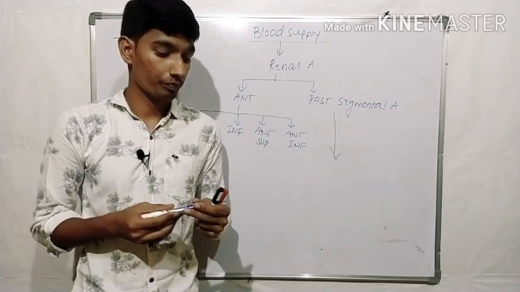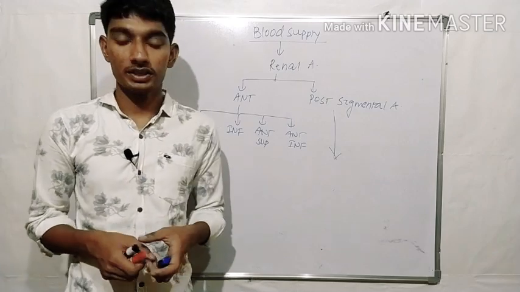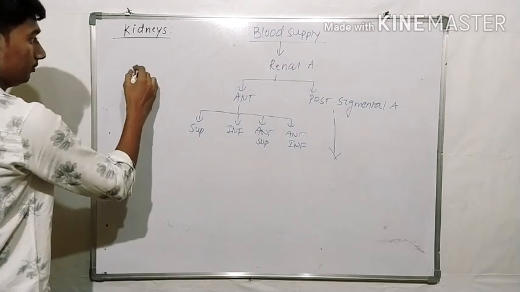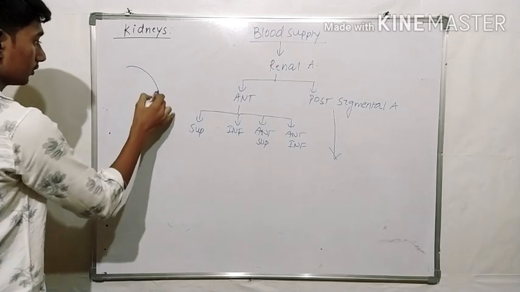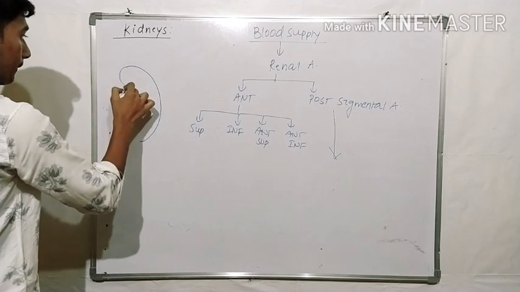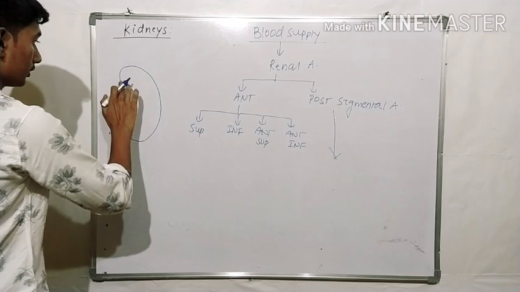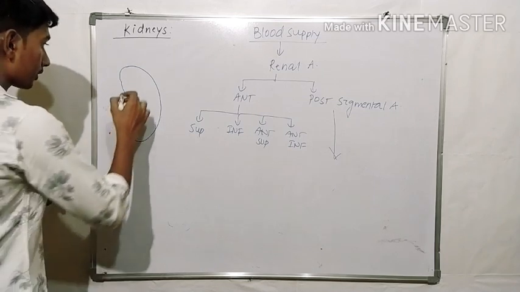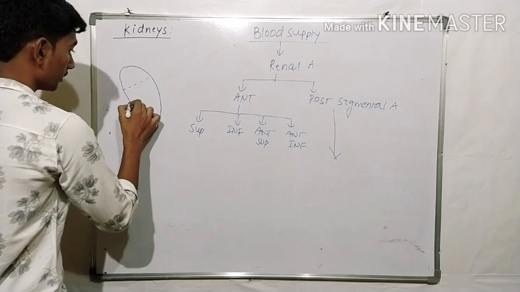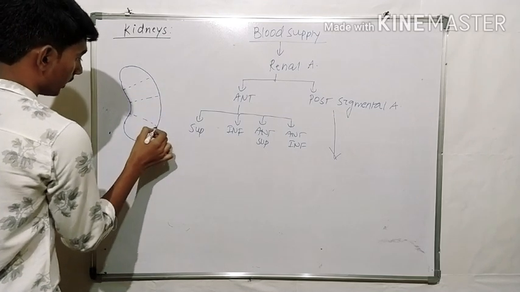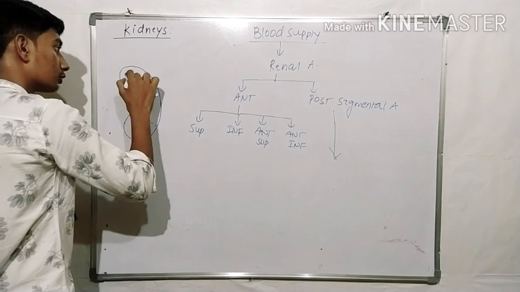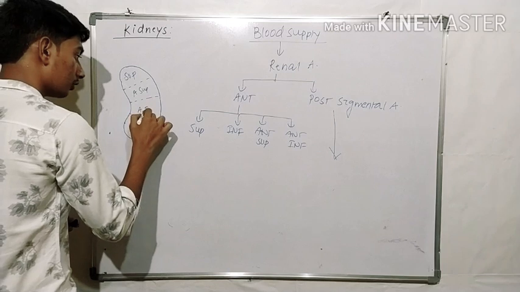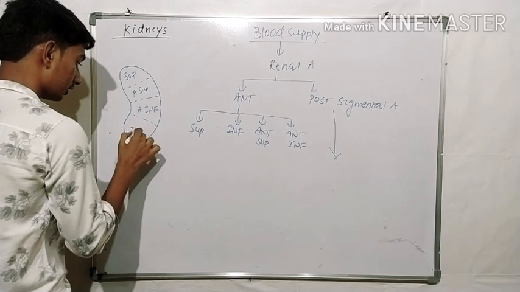Now I will show you these branches by a diagram. If this is the anterior part, okay, superior, antero superior, antero inferior, and this is inferior.